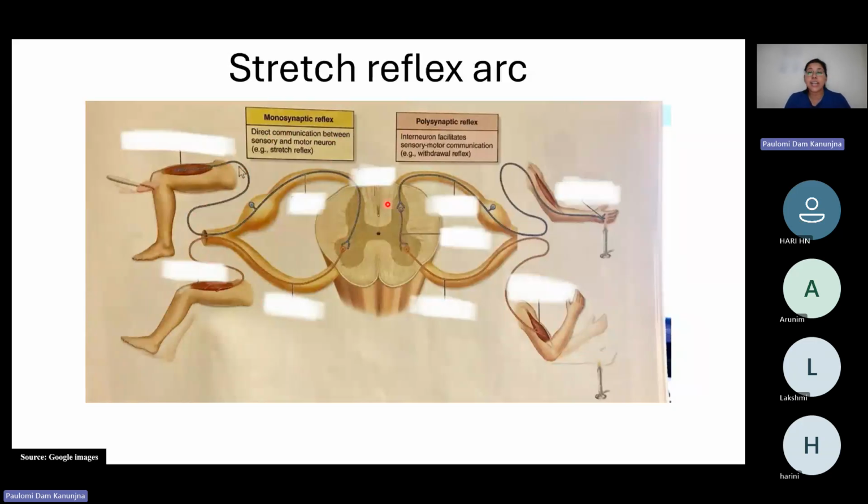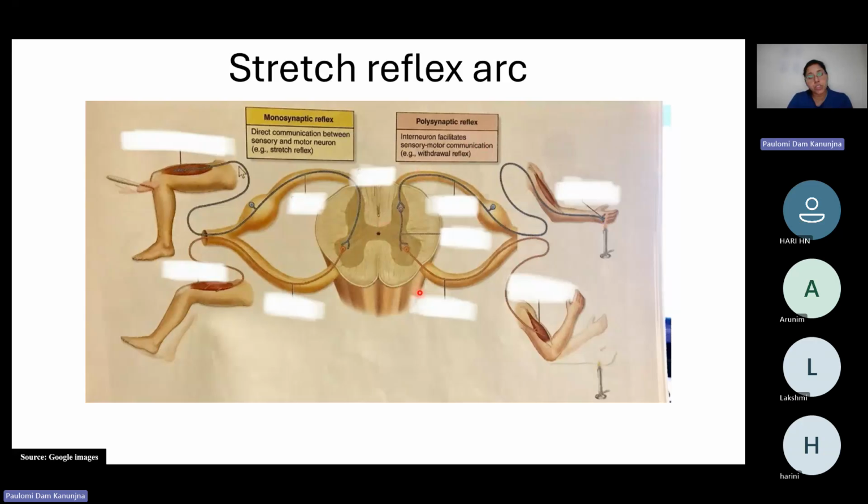The other reflex that I told you is not a stretch reflex, that is a withdrawal reflex. That is basically touching a hot surface and removing your hand. Why is it called a polysynaptic reflex? Poly means multiple synapses. Where do the multiple synapses come from?